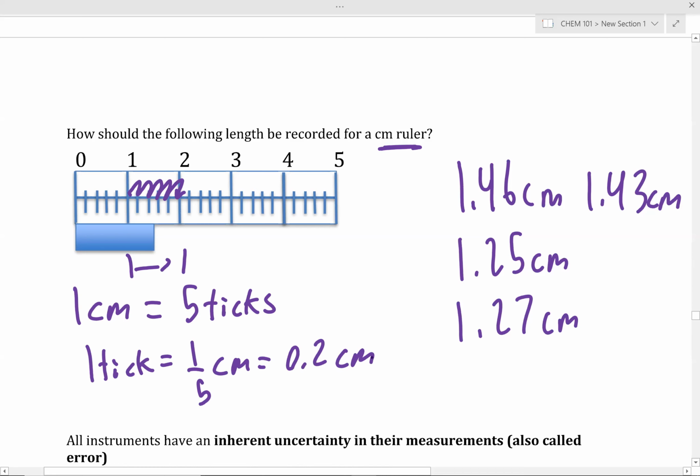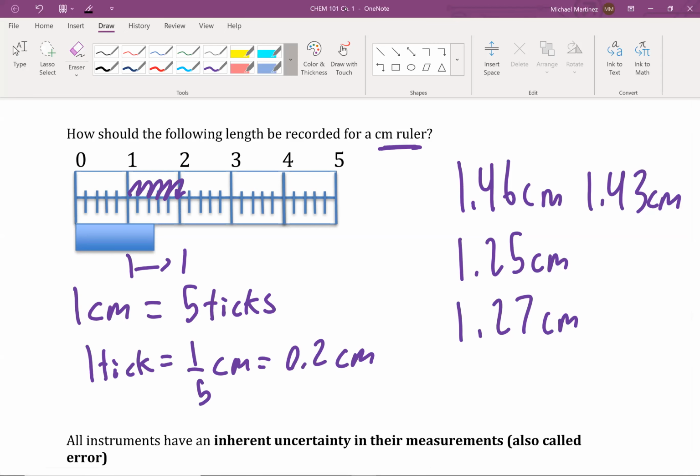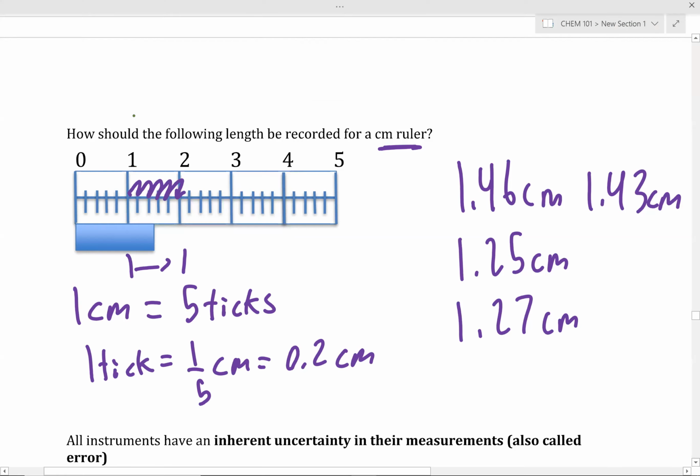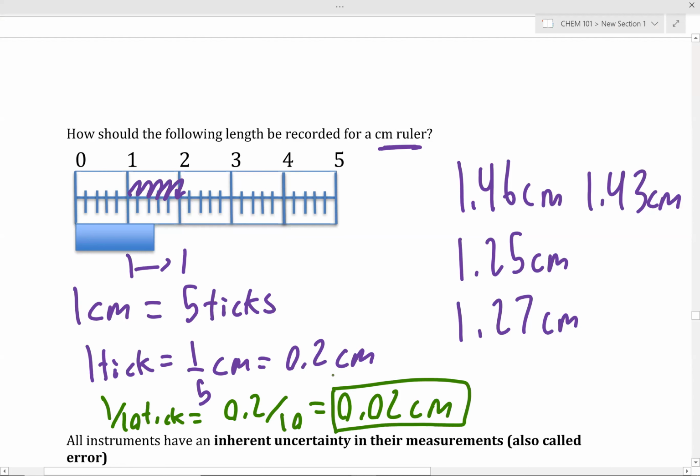Okay? As all of these measurements have correctly noted, 1/10 of a tick is equal to 0.2 over 10, which is equal to 0.02 centimeters. So we can report up to the 100th place. Okay?